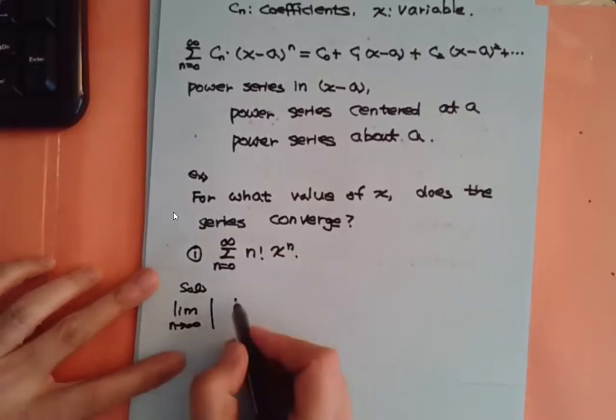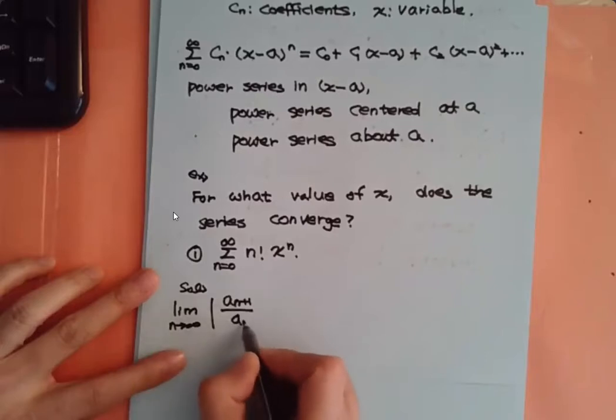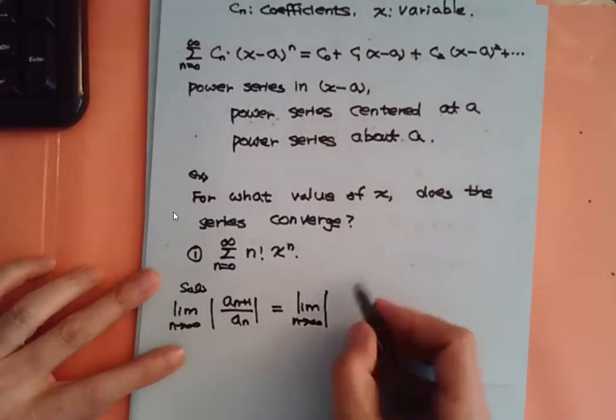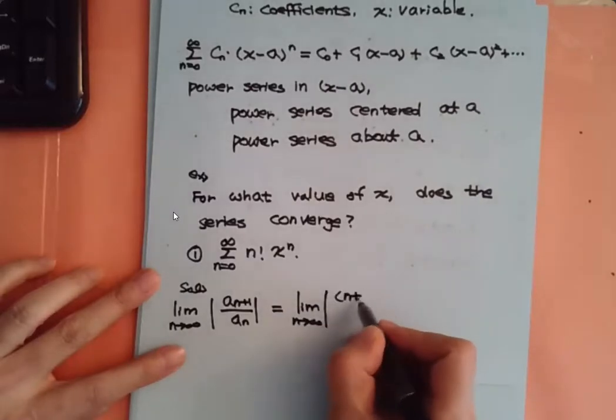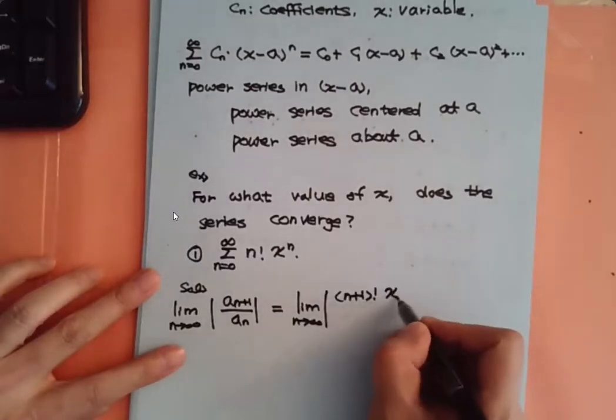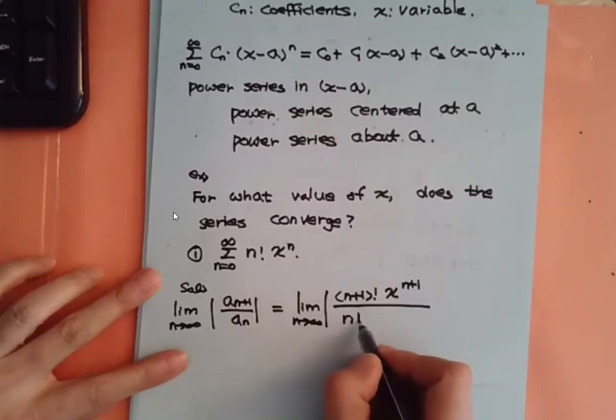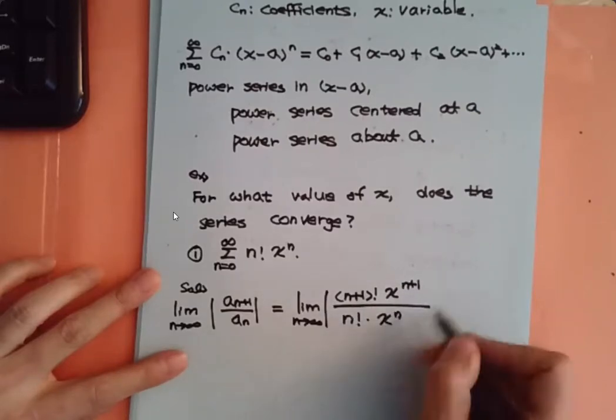So we consider limit as n goes to infinity, a_{n+1} over a_n. So that becomes limit as n goes to infinity, a_{n+1} is (n plus 1) factorial times x to the n plus 1 power over a_n, which is n factorial times x to the n power.